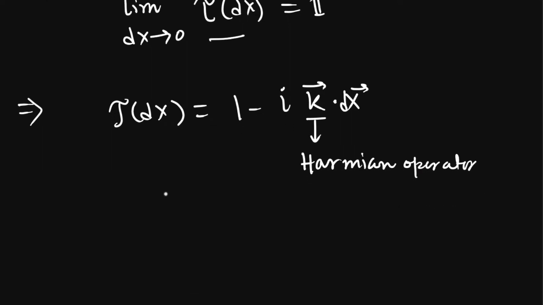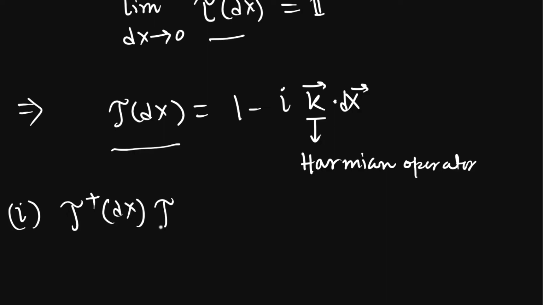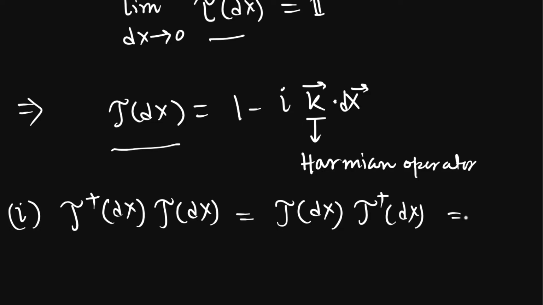Now check whether this operator follows the four properties. Property number 1: it should be a unitary operator, that is tau dagger dx into tau dx equals tau dx tau dagger dx should equal 1.